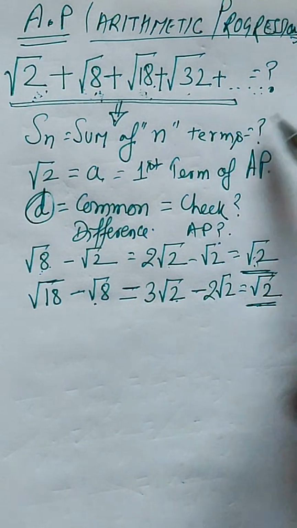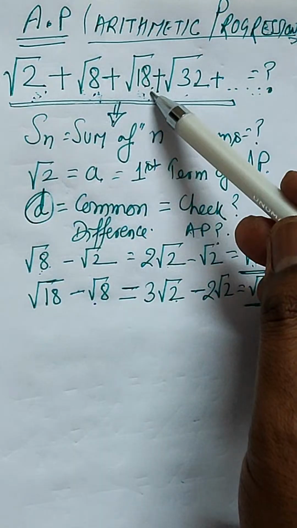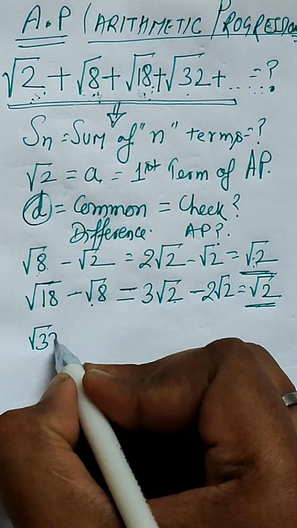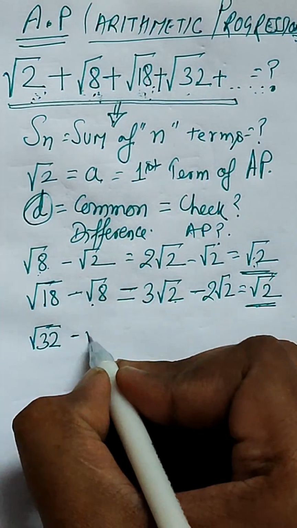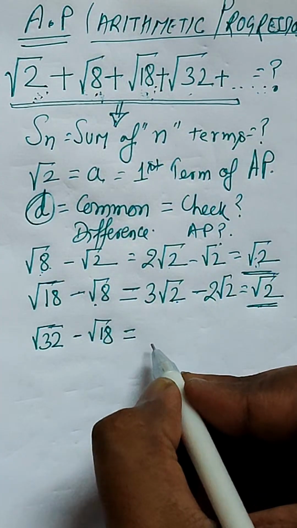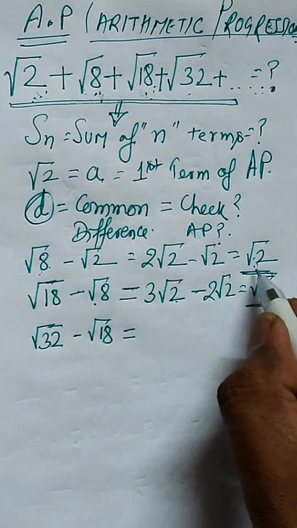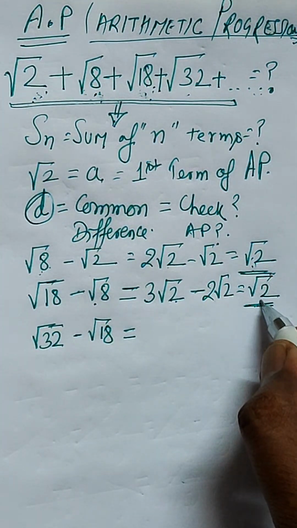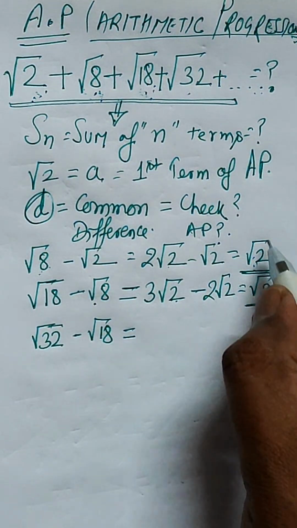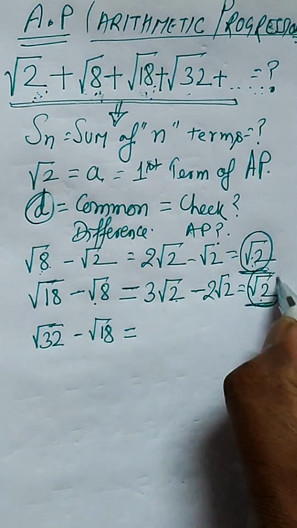To verify, let us check the fourth and third term, right? When we subtract the third term from the fourth term, we should get the same number as the previous common differences, because this is a basic property of an AP, that common differences should be same.